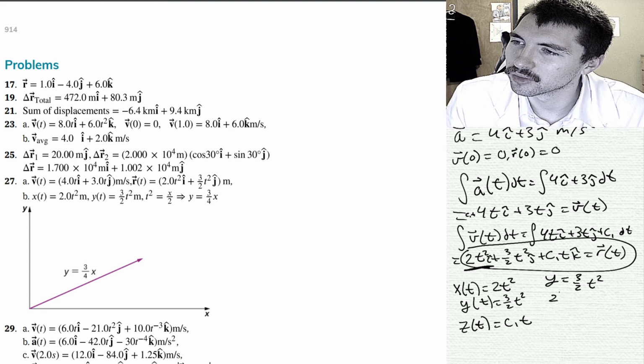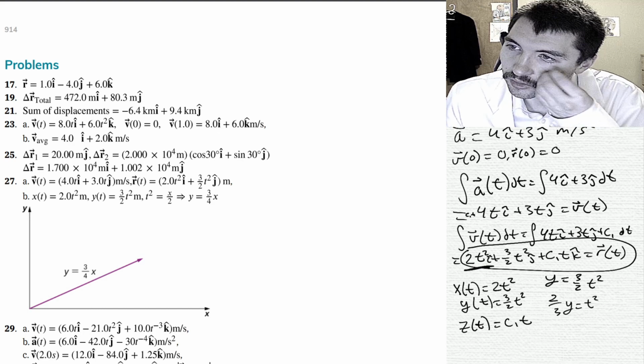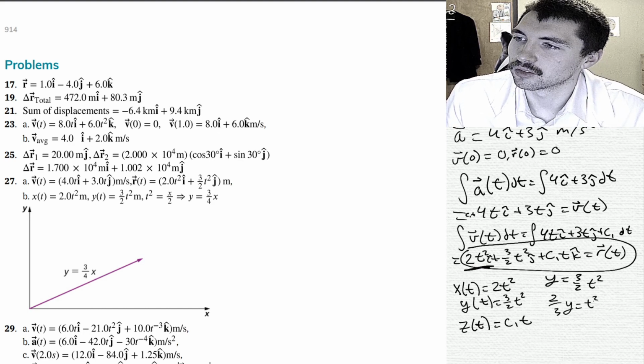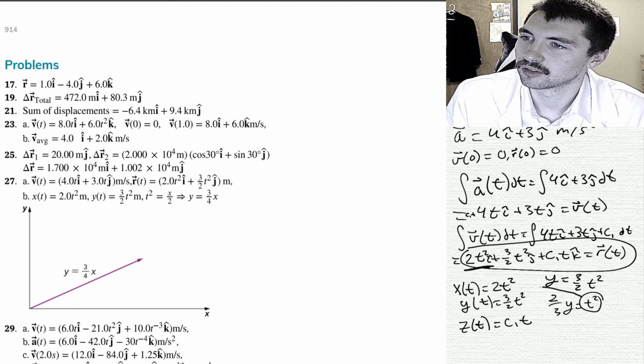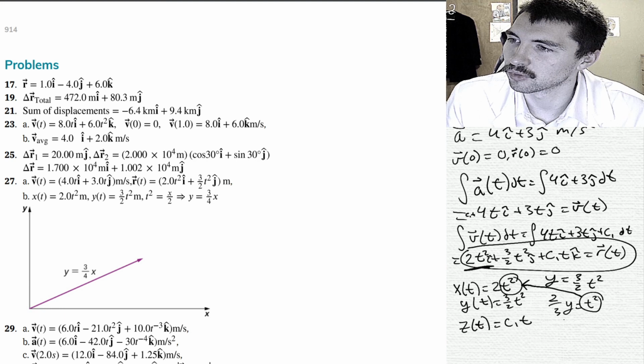Oh no, we don't have to do that. 2/3 y is t squared. Okay, so now you're going to plug this into this. You see how these can just be swapped.